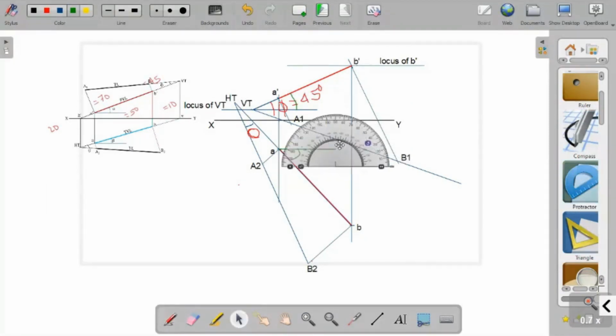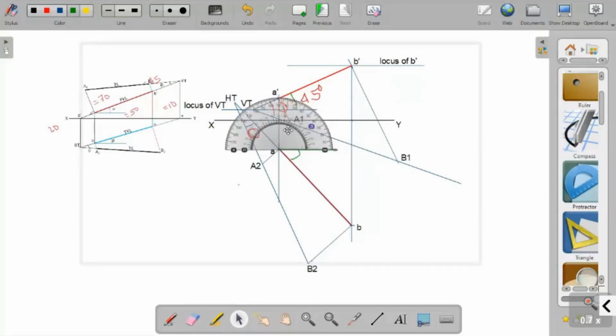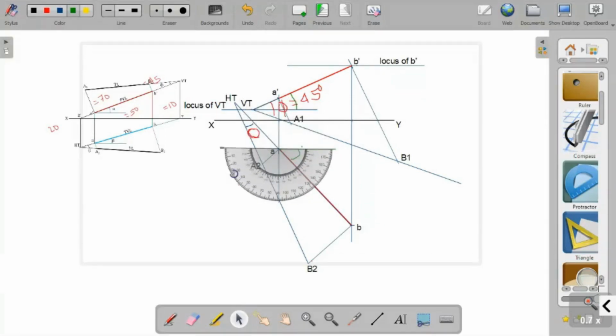Let's check whether it is 45 degree itself. Yeah, it's approximately 45 degree. In this case I wrote it as 46 degree. Obviously, it should be 45 degree. No problem. And that's it.